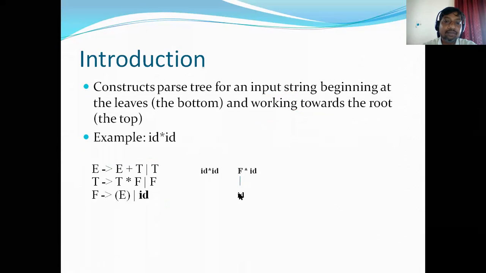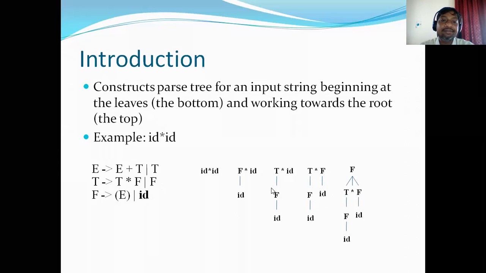This id exactly matches with F, no? So we have reduced it to F. Then that F exactly matches with one of T's production rules, T derives F. That is the reason why F is reduced to T. Now then this second id is reduced to F.